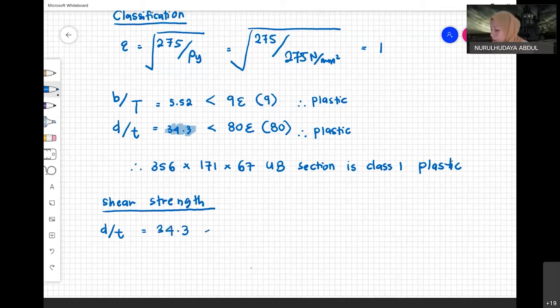This value must be less than 70 constant. 70 constant ni I rasa dalam notes I ada bagi kat bawah, dia ada notes from BS I ambil dari BS, jadi tulis lah for roll section steel beam ataupun column dia mesti check dengan 70 constant lah to make sure that the shear buckling tak perlu di consider.